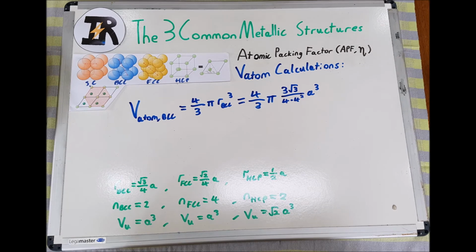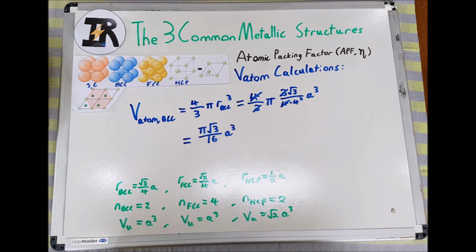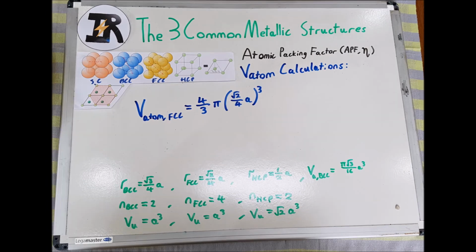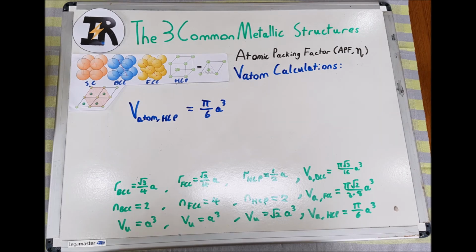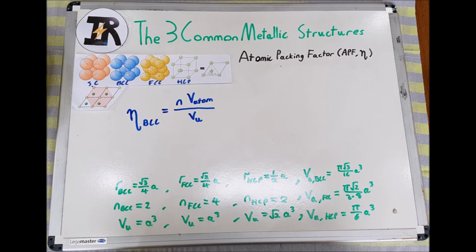Then, by simplifying, we obtain the volume of that atom in terms of the lattice parameters of that crystal structure. Expressing the atomic volume in terms of a will make further simplifying easier. We can also work out the atomic volume for the atoms of the FCC crystal structure in terms of a. Inputting the atomic radius for FCC, we obtain this value, and for HCP we obtain this value for the atomic volume. Now we can begin to work out our atomic packing factors.